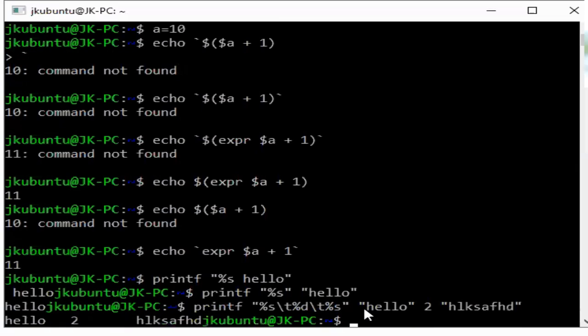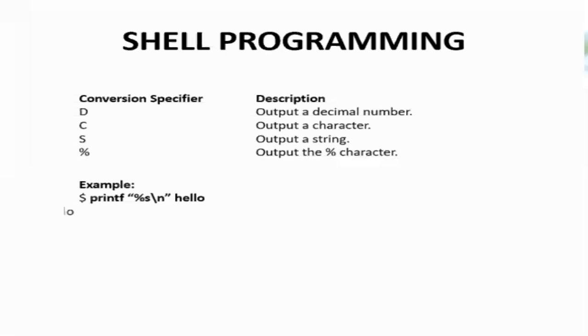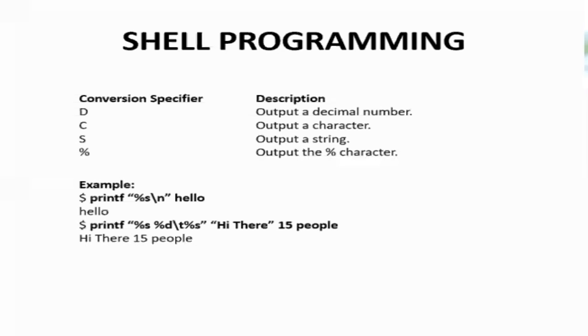When I execute it, it shows percentage. After that, it provides some tab space. That means hello. After that, it provides a tab space. Then it printed 2. Then after that, it provides some tab space. Then followed by some string. So that is the output of this particular printf command, the same as I have shown here on the screen.